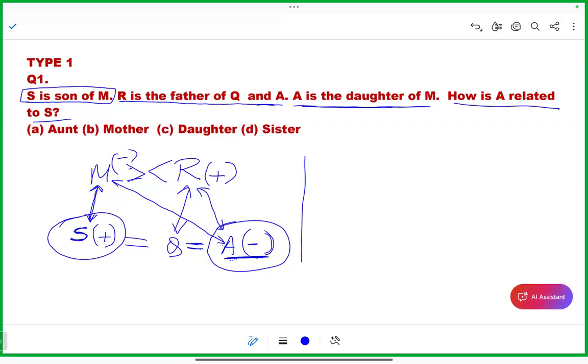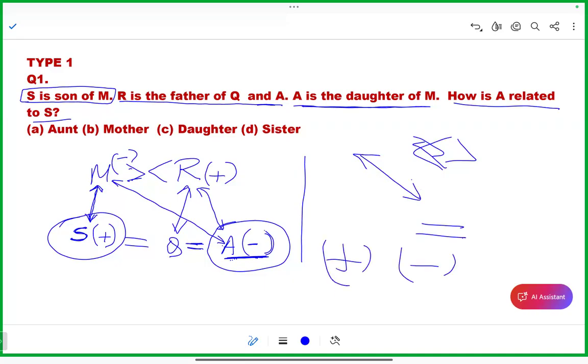But try to clear your confusion in the coming questions. That relation you already know. So like I'm saying, I'm using these symbols for marriage, this symbol for sibling, and just a connecting line like this to say that this is the son of that or daughter of that, plus for male, minus for female.